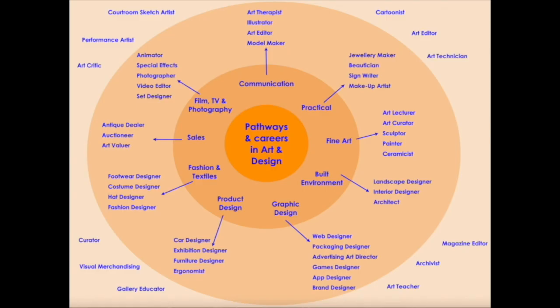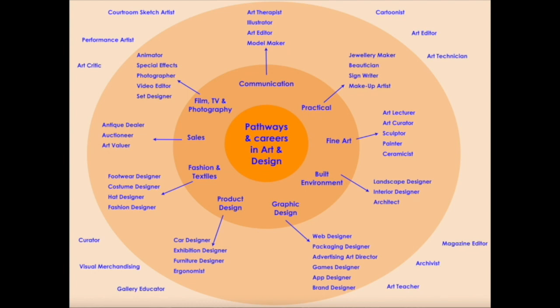One of the questions that usually comes up is, what can you do with GCSE in art? So moving from GCSE through to A level and beyond, there are various pathways and courses in art and design.